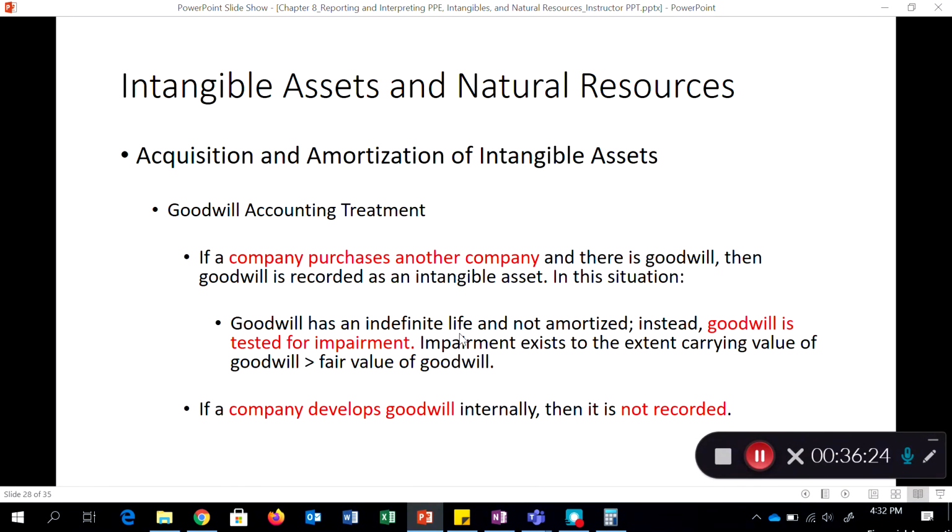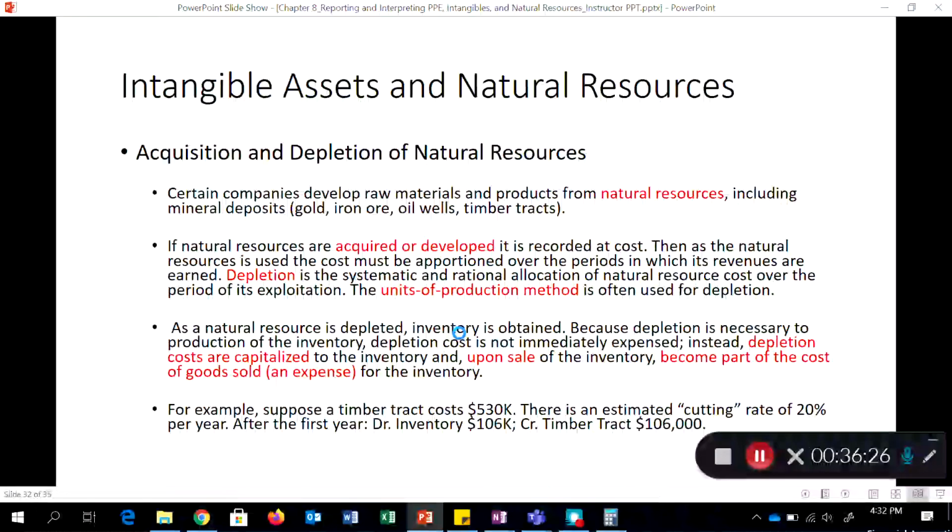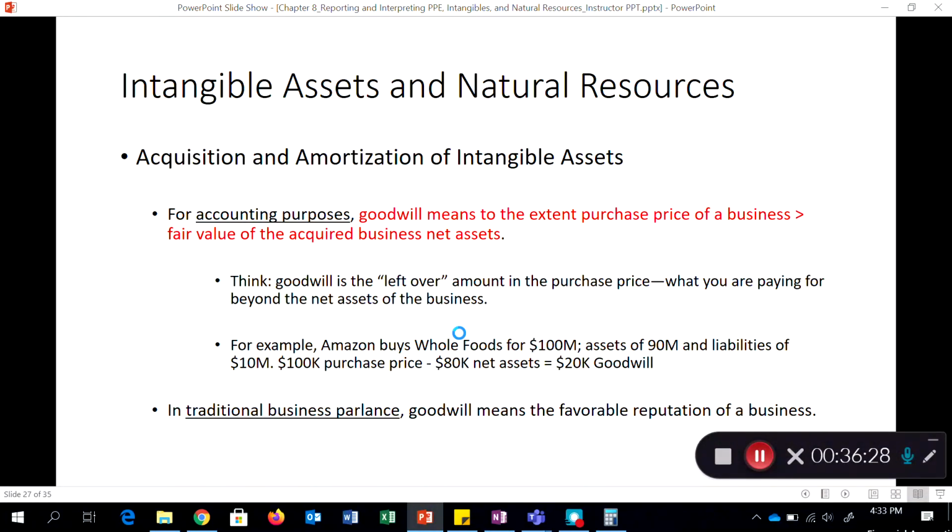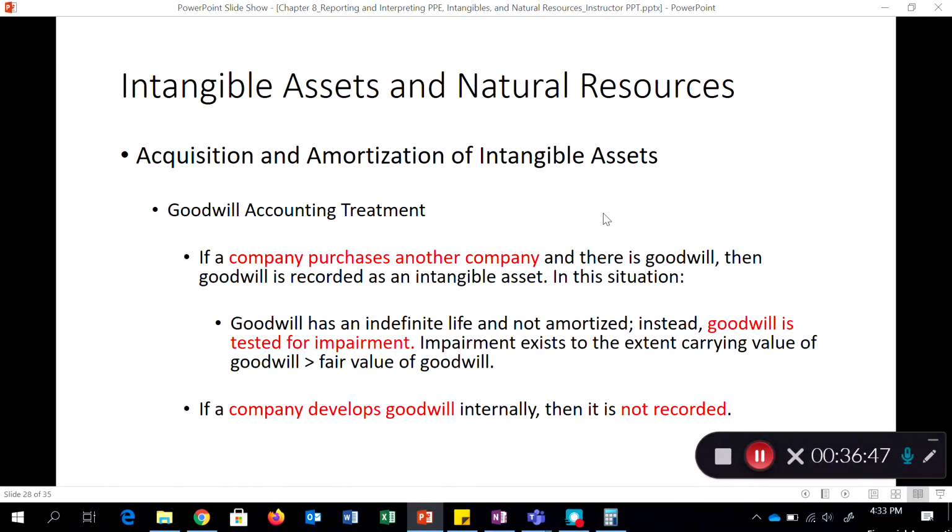Specifically, to the extent they paid more than the fair market value of what they received, so you paid more than what you literally got, that excess or difference is going to be the goodwill. And you can test that goodwill for impairment. You establish goodwill when you buy another business. If you develop it internally, it's not recorded.